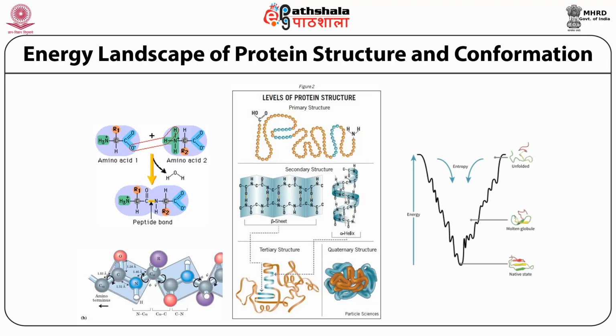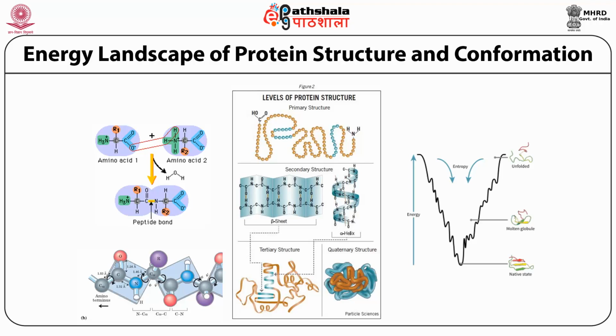And this peptide bond has a partial double bond characteristic, and that is why it has a flattened structure, and thus it allows the rotation of the C alpha atoms towards a plane, and that is what regulates the secondary and tertiary structure formation of the protein.